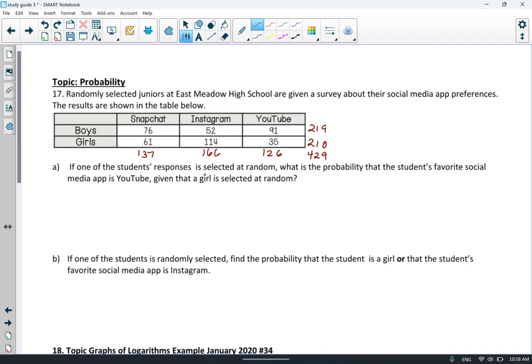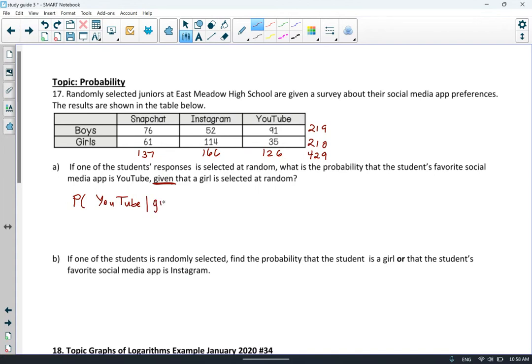If one of the students' responses is selected at random, what is the probability that the student's favorite social media is YouTube, given that a girl is randomly selected? Again, make sure you have proper notation. Here goes a description, not numbers. So it's social media given... actually, it's not social media, it's YouTube. You have to be really clear.